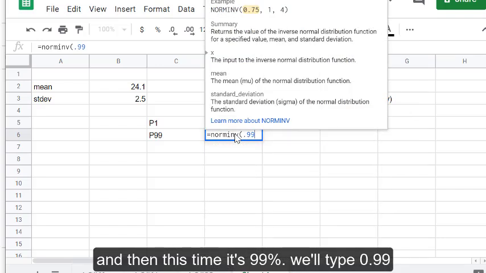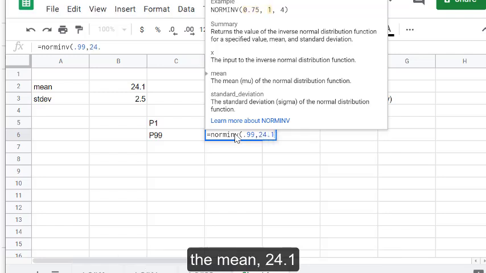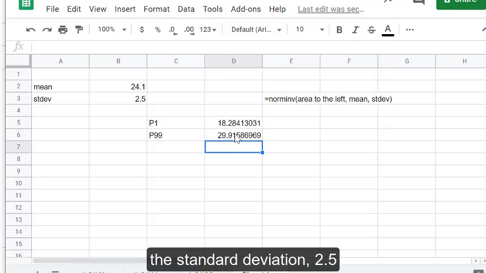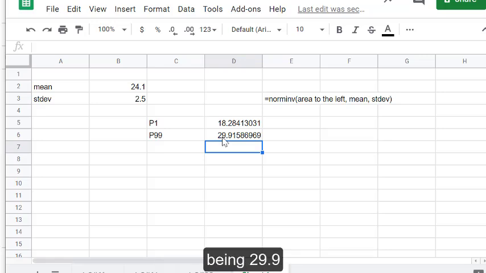We'll type 0.99, the mean 24.1, the standard deviation 2.5, and that's 29.9. So about 99% of the time your cookies will have 29.9 or fewer chips.